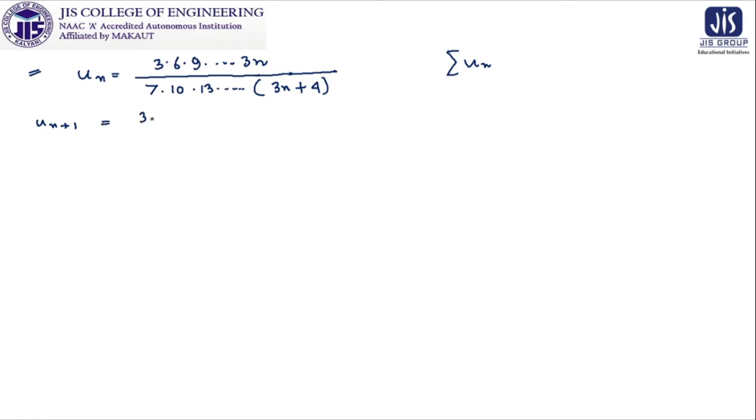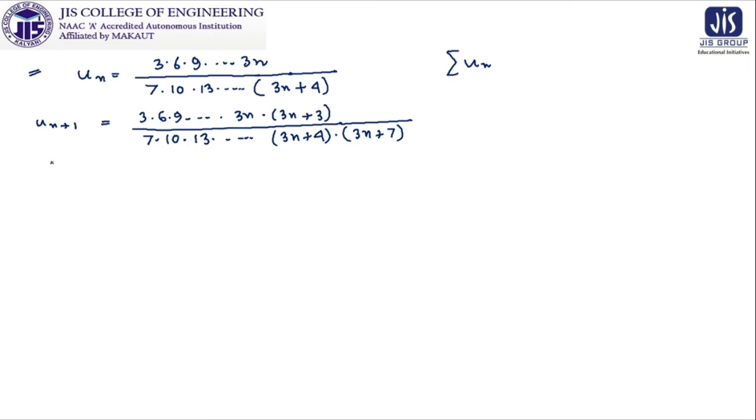It will be 3 into 6 into 9 dot dot dot 3n into 3n plus 3, and in the denominator 7 into 10 into 13 into dot dot dot 3n plus 4 into 3n plus 7.